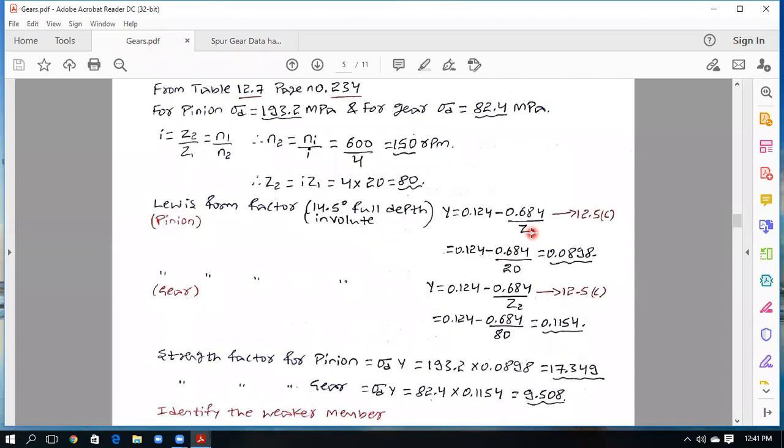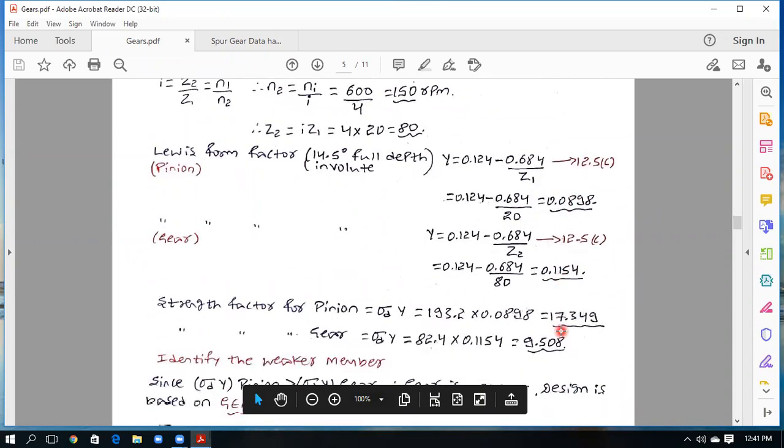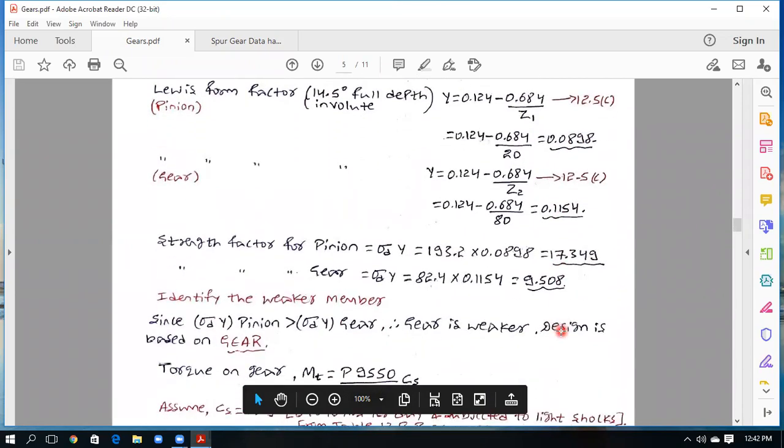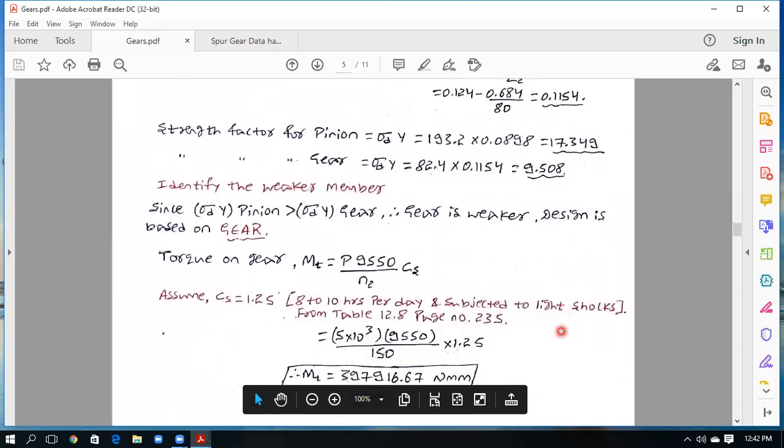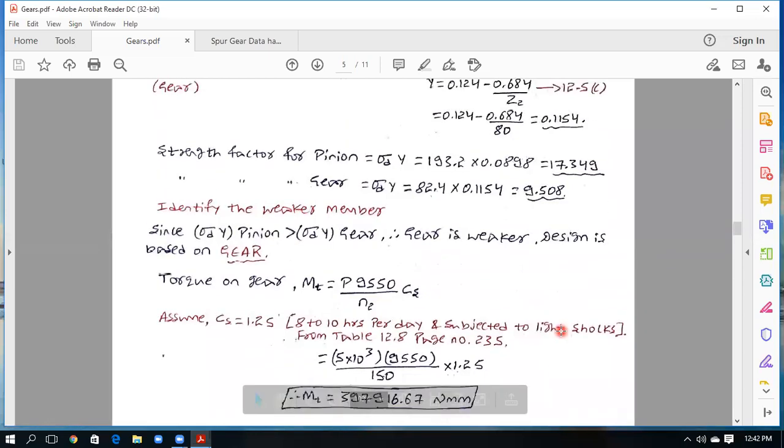For pinion we will substitute Z1, and for gear you have to substitute Z2. From this you are going to get Lewis's form factor. After that, in the spur gear design, the next immediate step is to identify the weaker member.